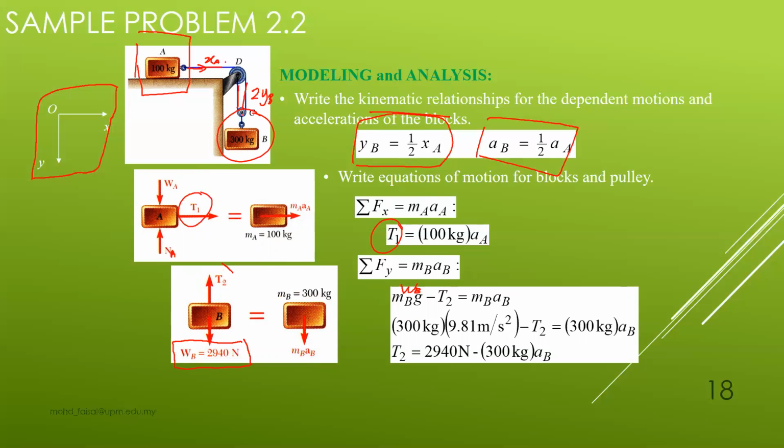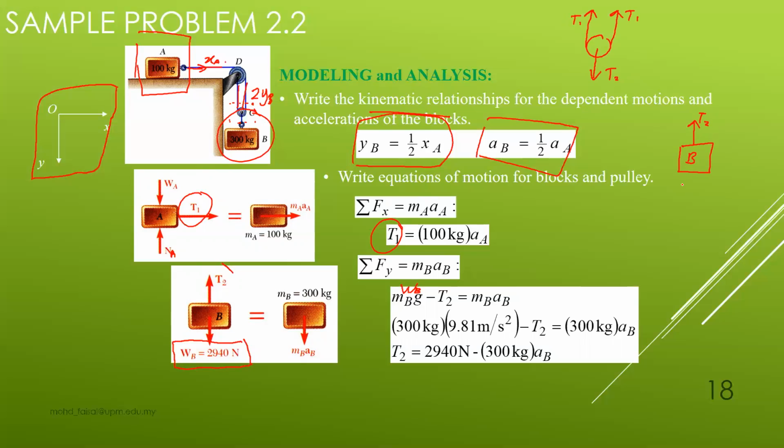If I zoom in on this part, you have a pulley, and you have something like that, right? If you draw this particular block B, you will have this T2, this one is T2, and this one is T1, this one is T1.